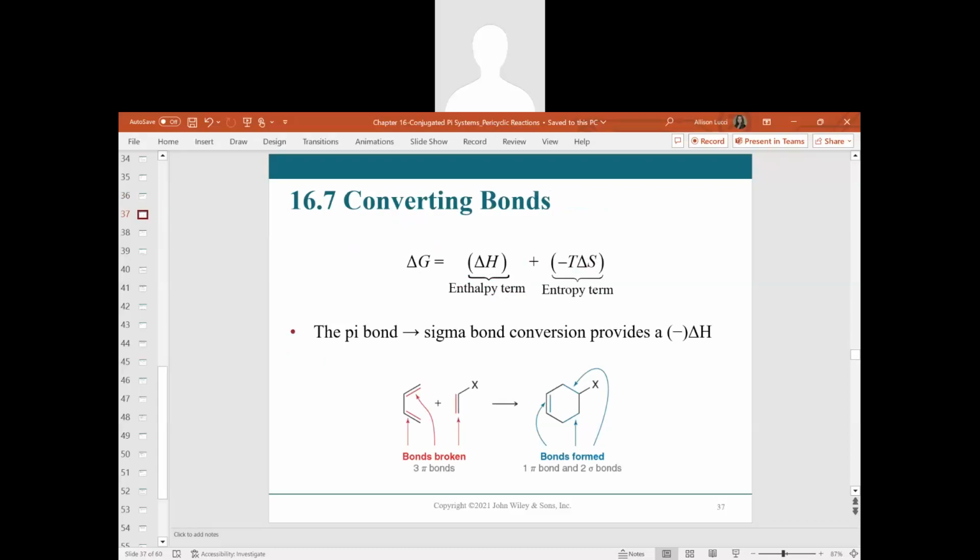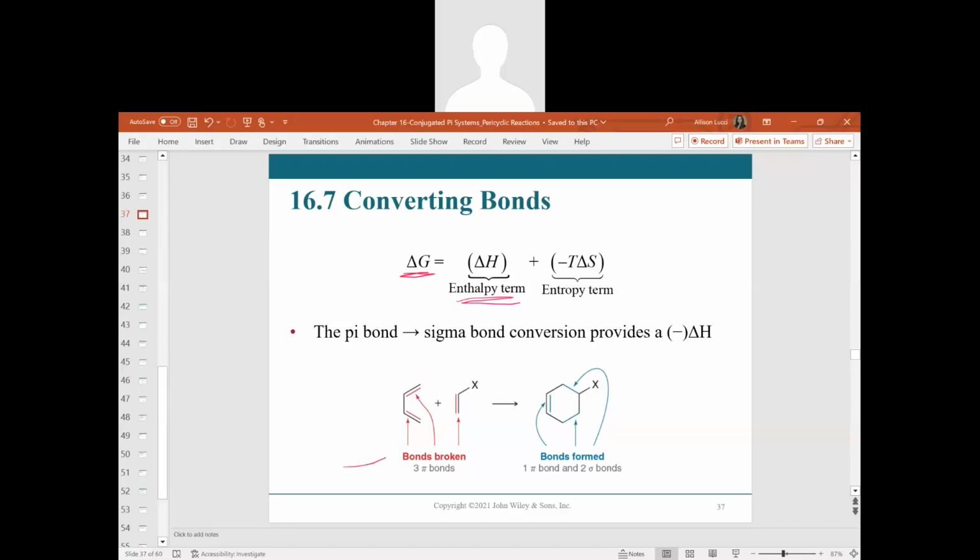So we see when we break bonds and form new bonds, there is a value for Gibbs free energy associated with the enthalpy term in this equation here. So remember, bond enthalpy is a value that is given to a heterolytic bond cleavage.